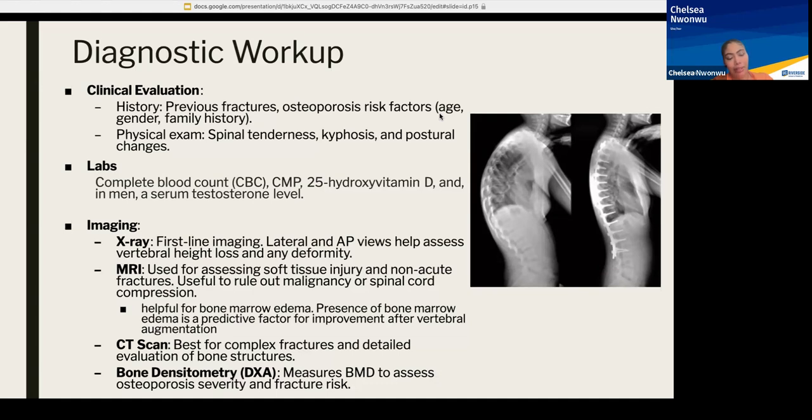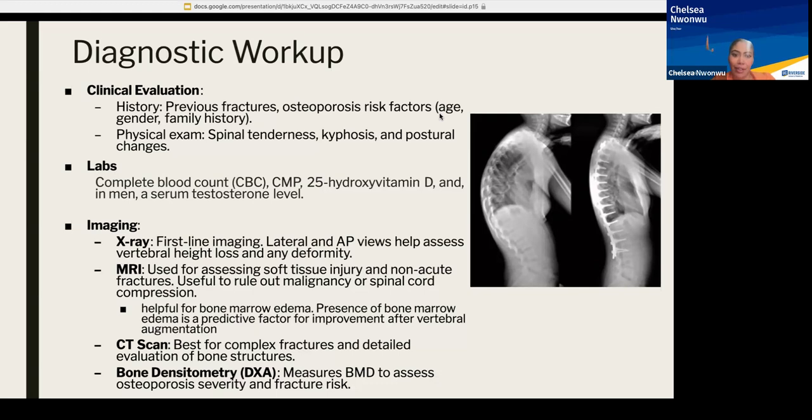Elevated levels may indicate secondary hyperparathyroidism contributing to bone resorption. And particularly in men, serum testosterone, because hypogonadism is a key risk factor for osteoporosis, and alkaline phosphatase, because elevated levels may indicate increased bone turnover, common in metabolic bone disease.